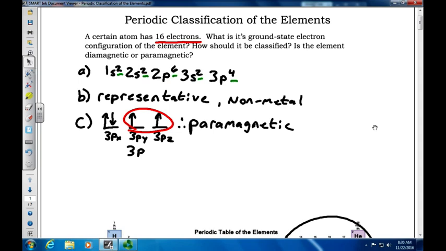So I encourage you to read the chapter thoroughly, especially the points where they have vocabulary words like paramagnetic, like diamagnetic, as well as trends in the periodic table, because that is going to be the biggest component that you're going to be quizzed and examined on, the trends in the periodic table, which we will discuss in future videos.